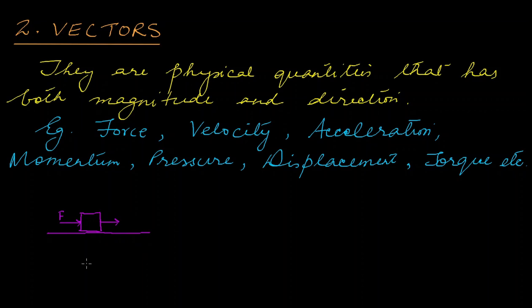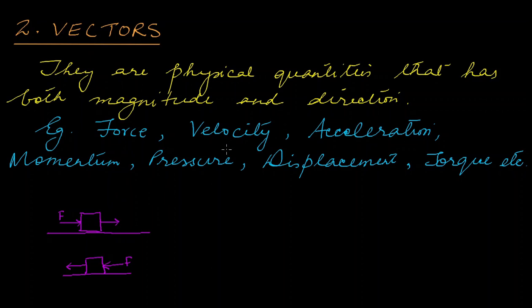So whenever you apply force to a body, the body goes in the direction of the force. And it depends on how much force you are applying. Maybe you're applying just a small force, so this body will go slowly. If you apply a larger force, then this body will go faster. So force has both magnitude and direction. For that reason, it is called a vector quantity.